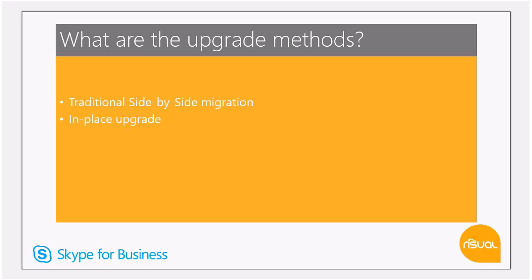Now, if you're running on Lync Server 2013, we do have the option to perform an in-place upgrade. What the in-place upgrade is, it's a way for you to take your existing hardware and upgrade that in place to Skype for Business.